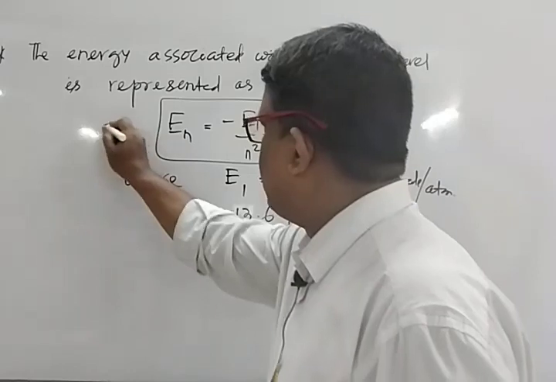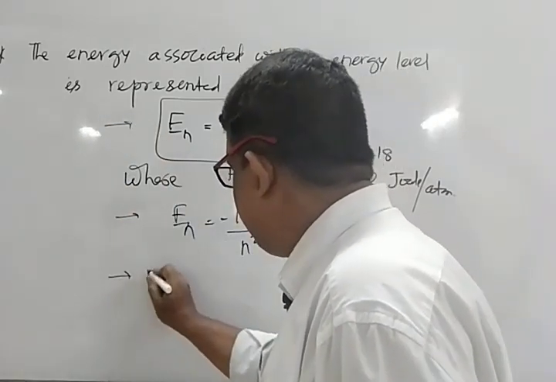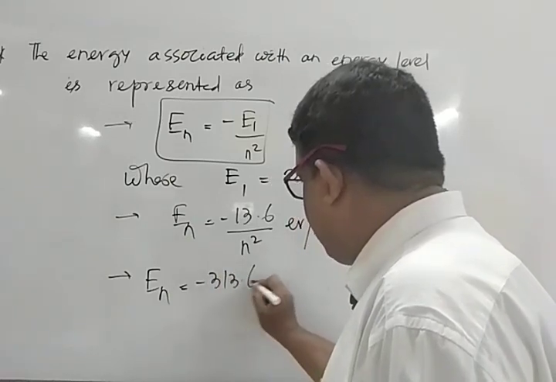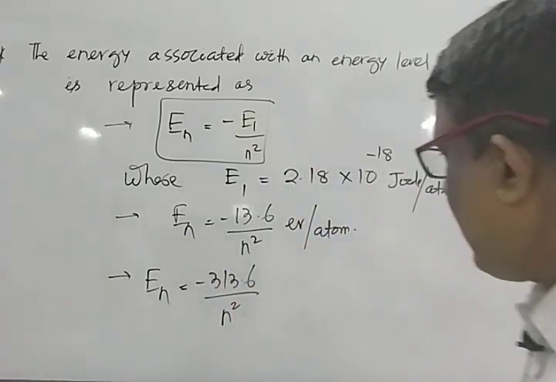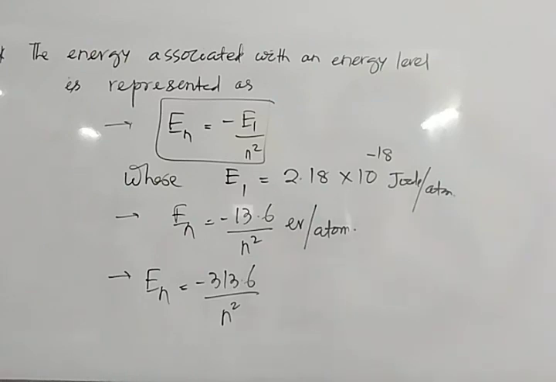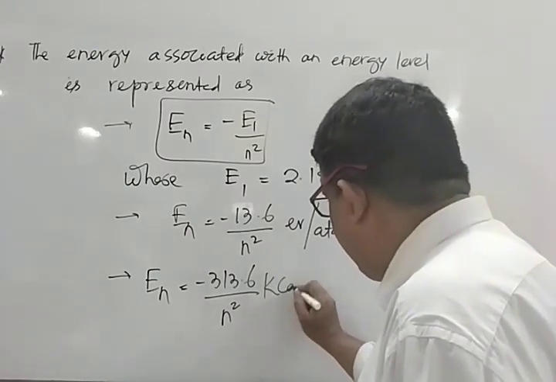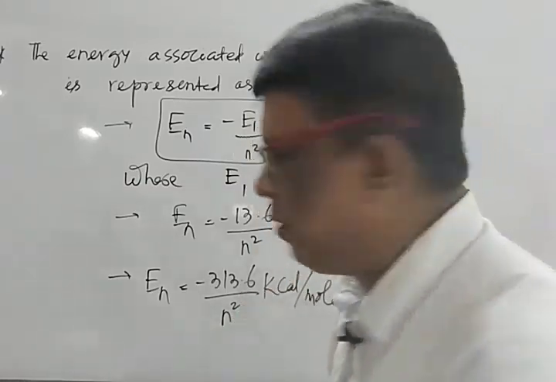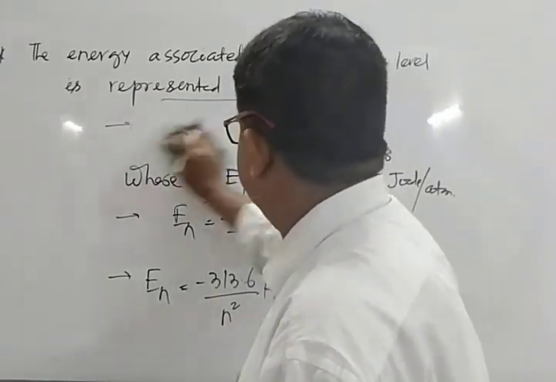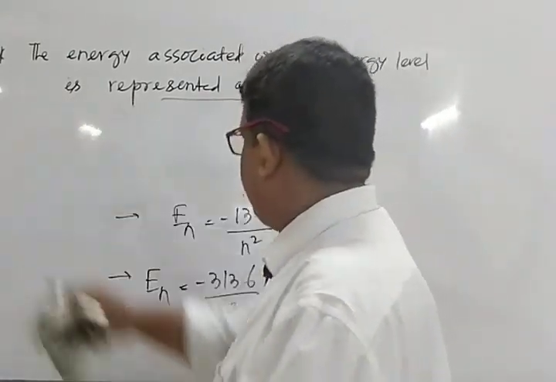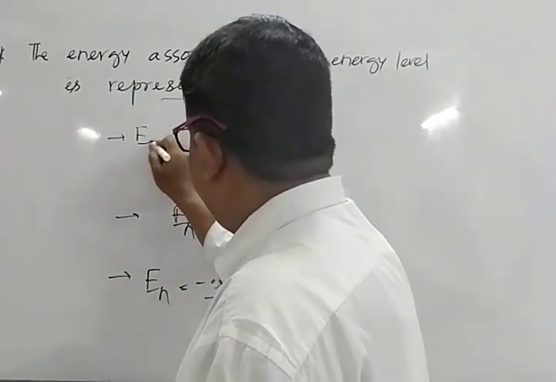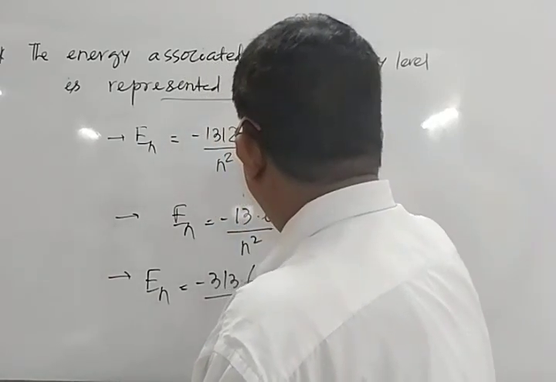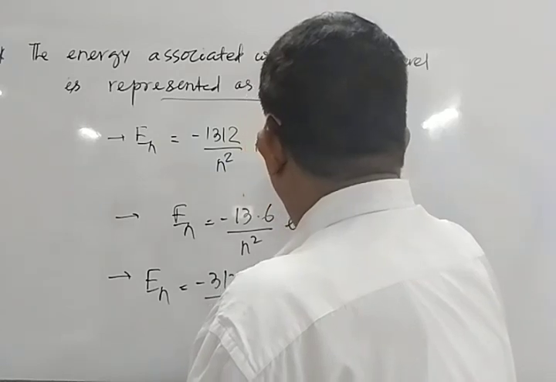Or in kilocalorie per mole, En is equal to minus 313.6 by n square kilocalorie per mole. Or one can also represent it as En equal to minus 1312 by n square kilojoule per mole.